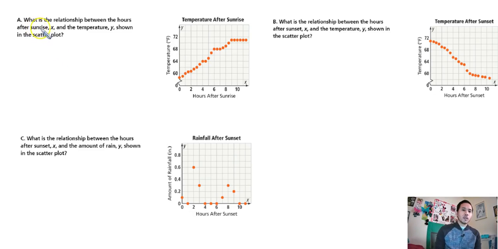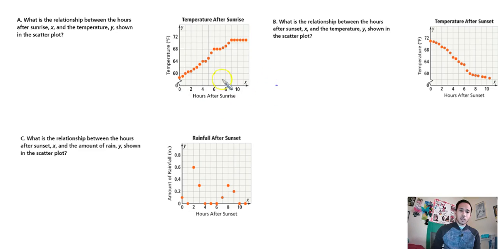It says there, what is the relationship between the hours after sunrise, x, and the temperature, y, shown in the scatter plot? As you can see here, it doesn't make any straight line. The temperature is generally increasing over time.